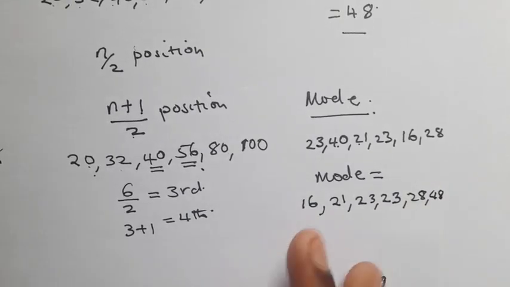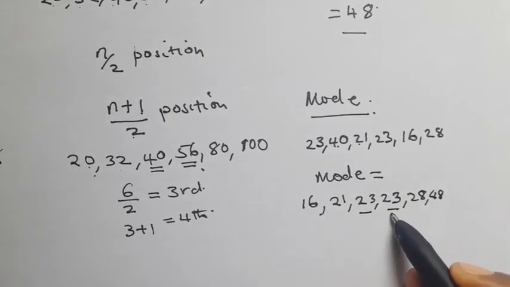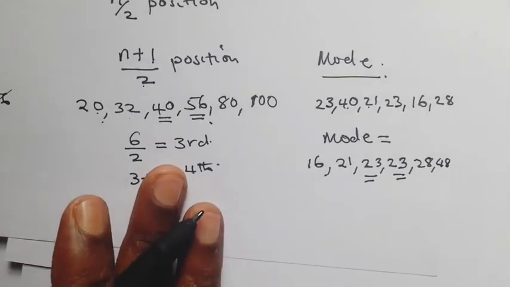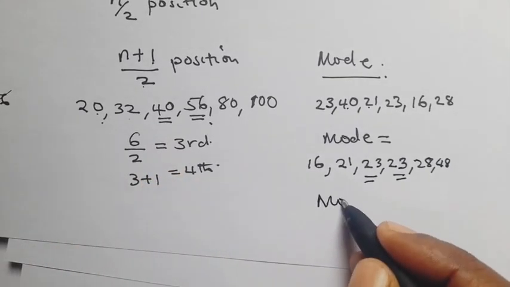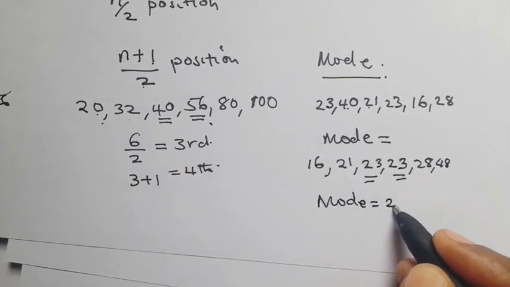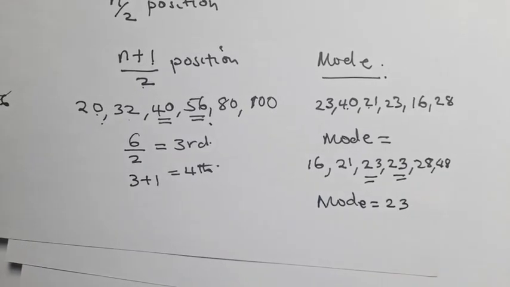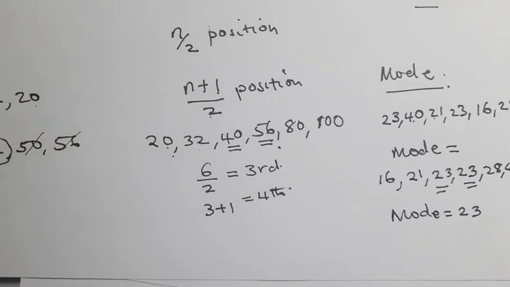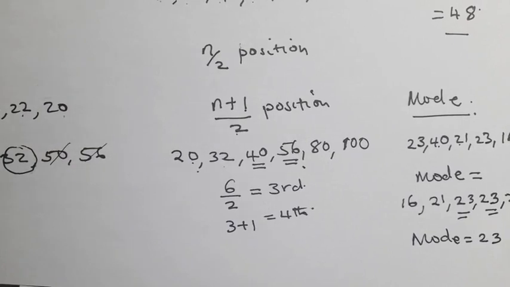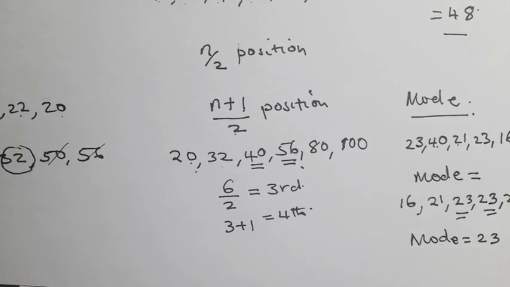So the most appearing number is 23. It appears twice, and therefore mode becomes 23.